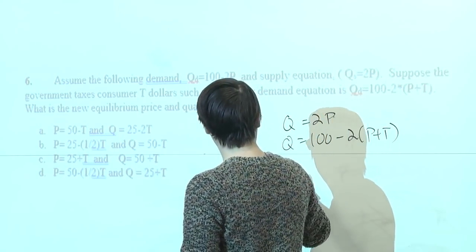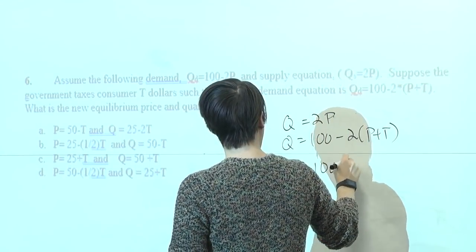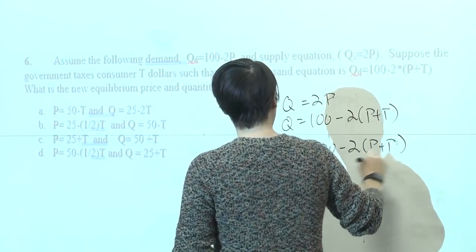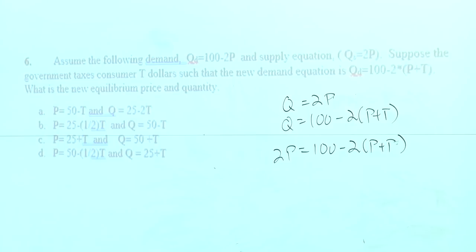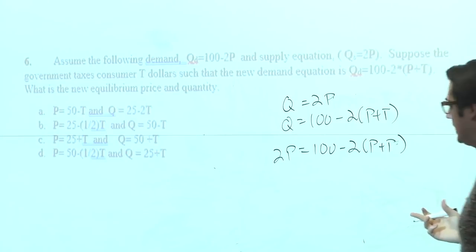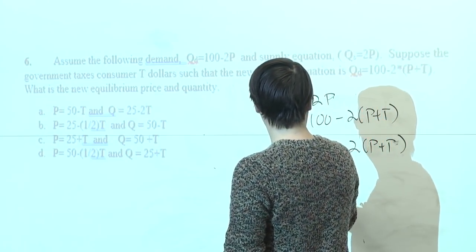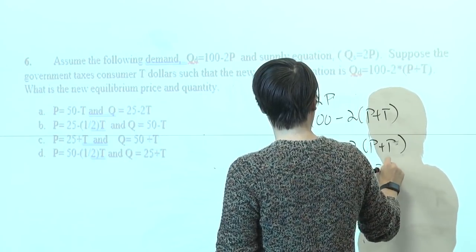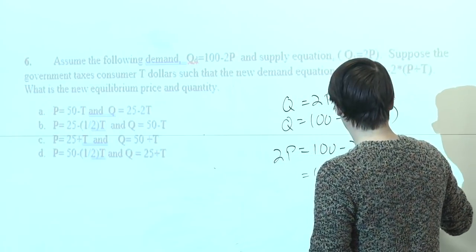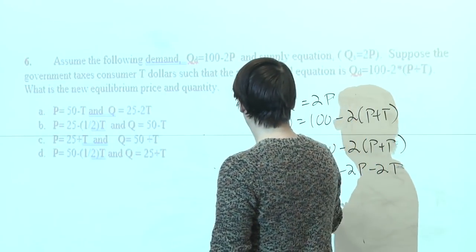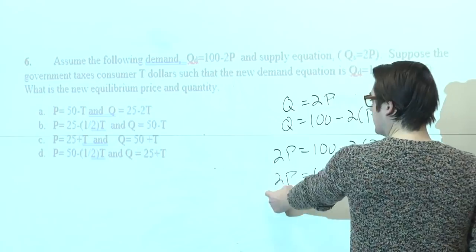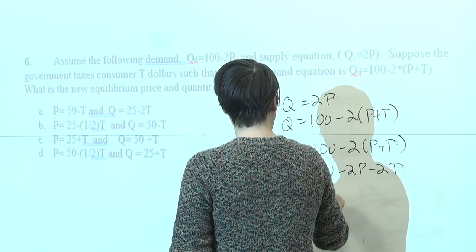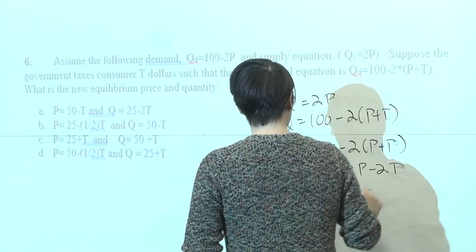So we have 2P equals 100 minus 2 times P plus T. All right, now we can just solve for P. Okay, so we have 2P equals 100 minus 2P minus 2T. We can add 2P onto both sides. 4P equals 100 minus 2T.